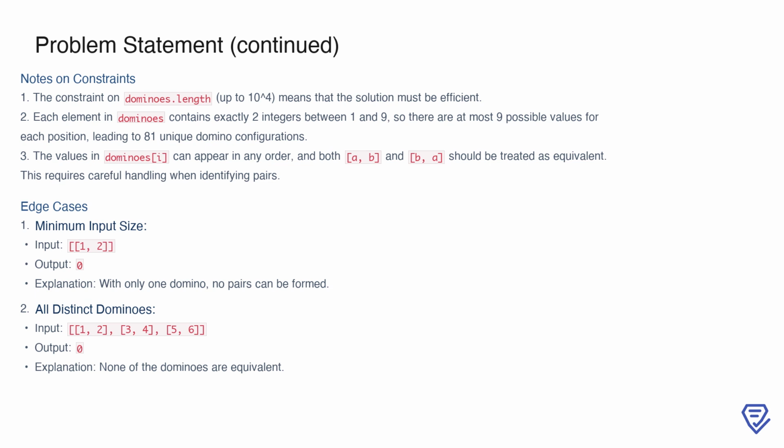Since both a, b and b, a are treated as equivalent, we need to carefully account for this symmetry when identifying pairs. Finally, some edge cases to consider include a single domino in the input, where no pairs are possible, and situations where all dominoes are distinct, which would also result in 0 equivalent pairs.